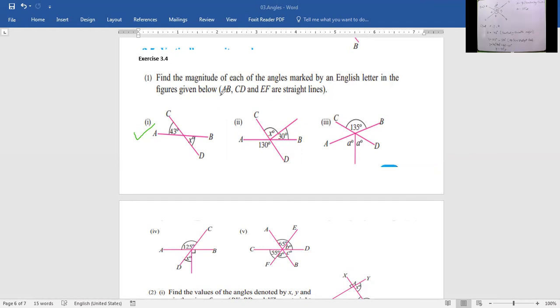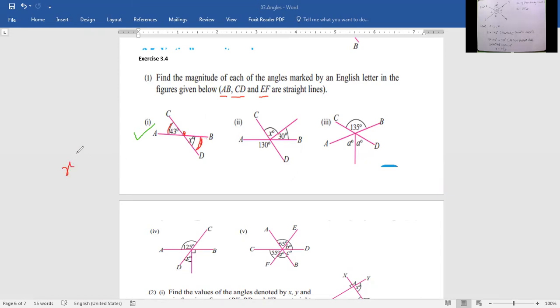And here this is the important thing. AB, CD, and EF are straight lines. Only these three lines are straight lines, right? So here AB and CD intersect at this point, and it makes this 43 and this x angle vertically opposite.